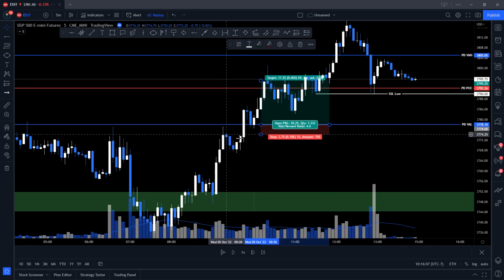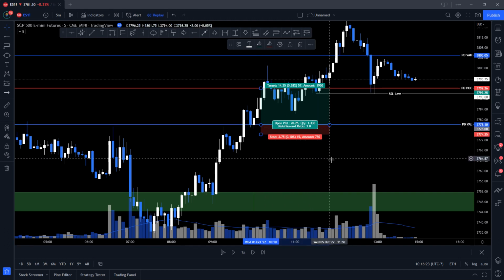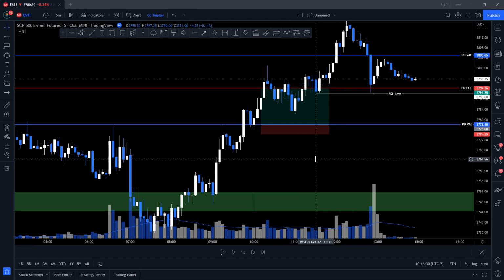This is probably a good stop here. Our first take profit is going to be the previous day POC. And you can see with this trade, with this amount of risk, we're actually getting 3.8 reward for 1 risk, which is good. You're always wanting to have at least 2 reward for every 1 that you risk.